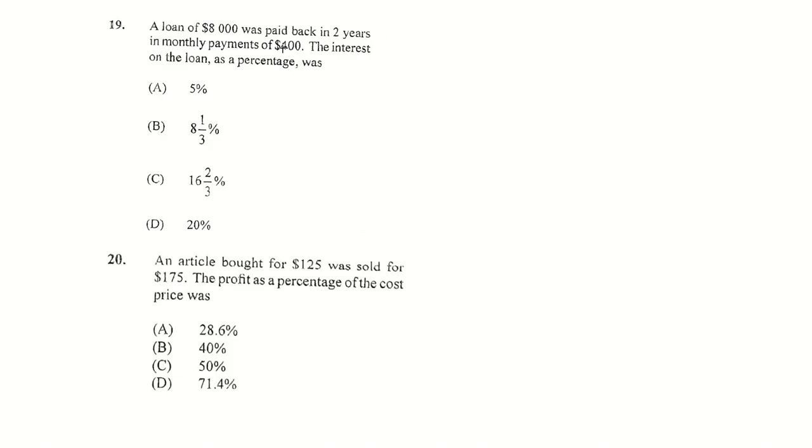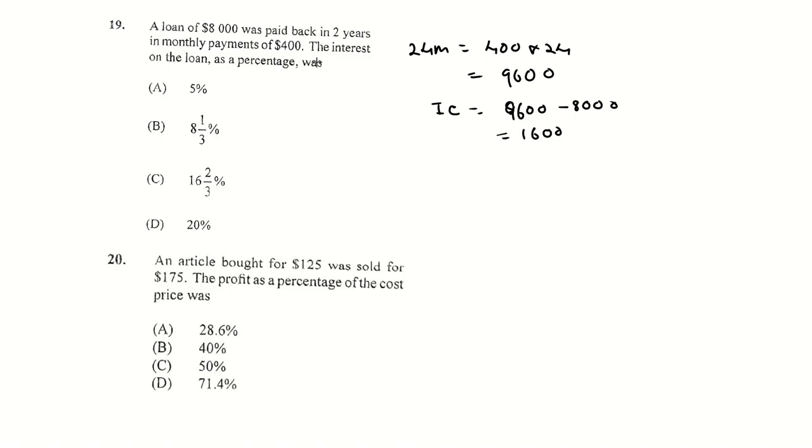So if it's for 2 years and the monthly installment is 400, so for the 2 years, which is 24 months, 24 months would be 400 multiplied by 24, which is 9,600. Right? The interest charge would be 9,600 minus 8,000, which is 1,600.